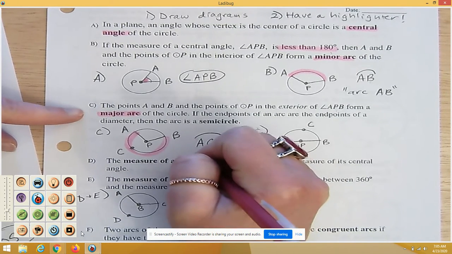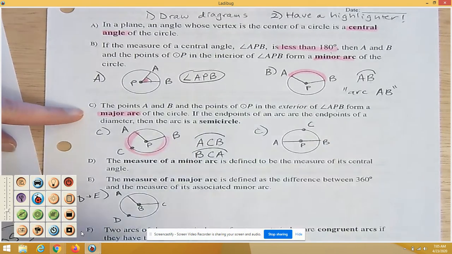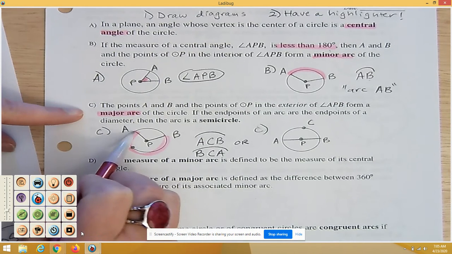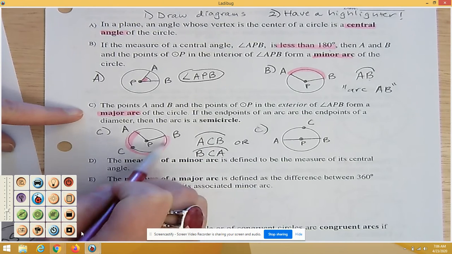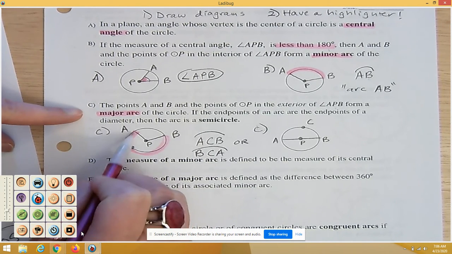I also could have called that arc BCA, and it would have been the same thing. But that's telling me the direction. It's saying I'm starting at point A, I'm going to go through C all the way to B, or I'm going to start at B, go through C all the way to A.